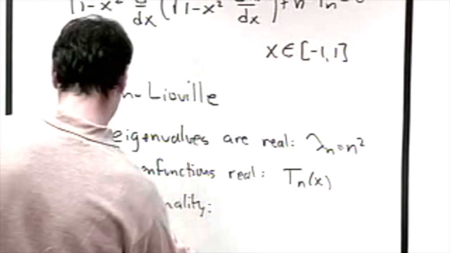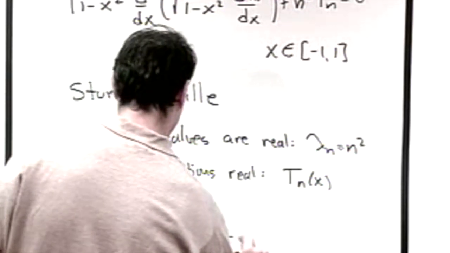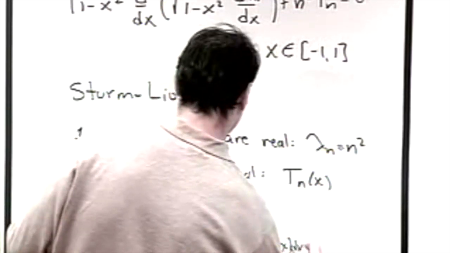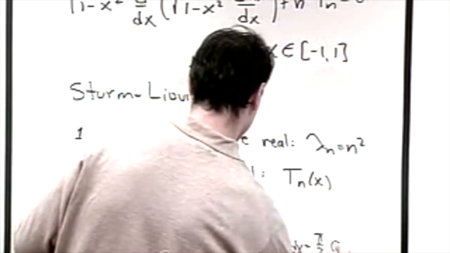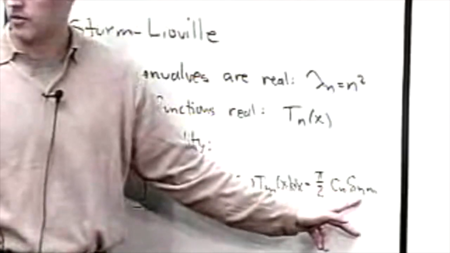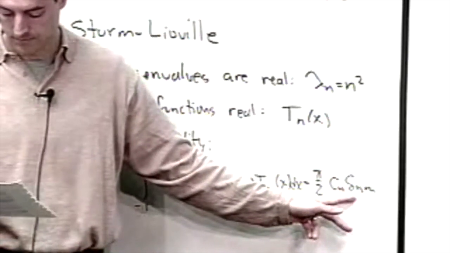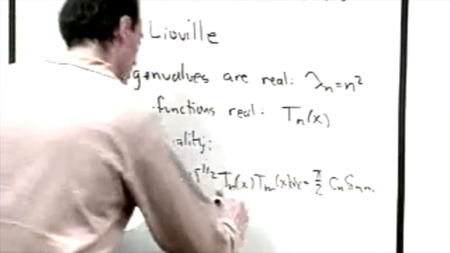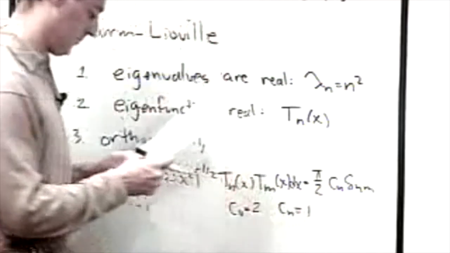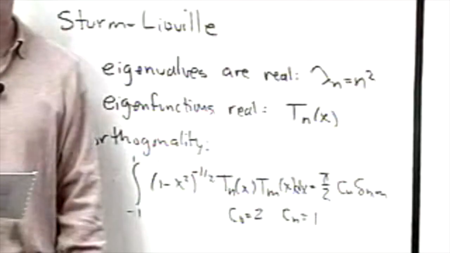The integral from negative 1 to 1 of (1 minus x squared) to the negative 1/2, T of n of x, T of m of x dx, is equal to pi over 2 c of n delta n m, where this is the Kronecker delta function, so it's 1 when n equals m and 0 otherwise. And here, c0 is equal to 2 and cn is equal to 1. And finally, last thing is these eigenfunctions are complete.